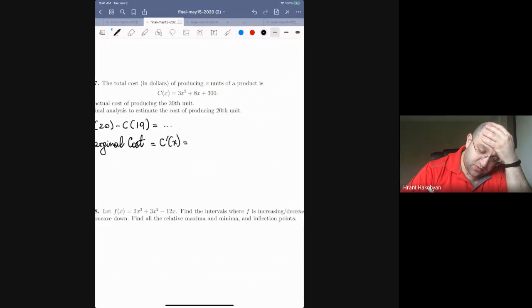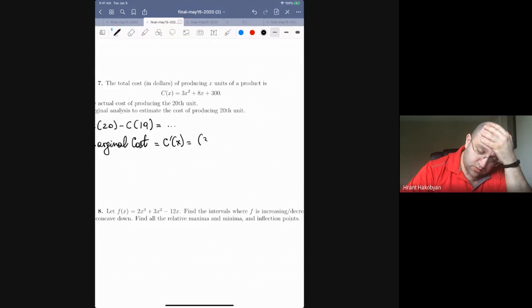So that's the derivative of the cost, which is just equal to 3 times 2x plus 8. Right? Because the derivative of 300 is 0, so it's just 6x plus 8.